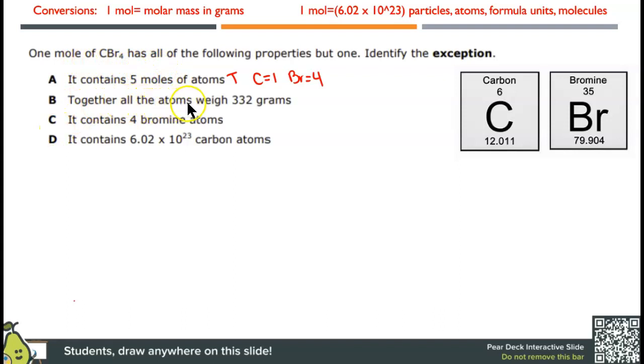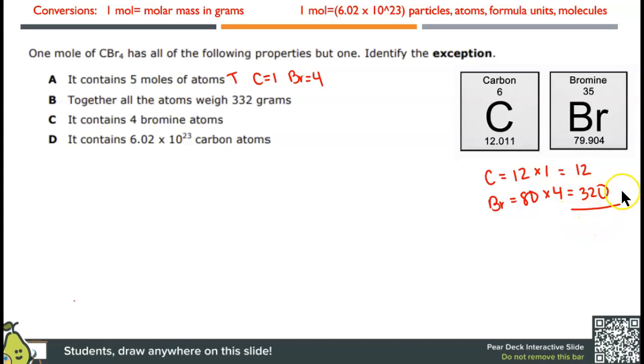Next, together, all the atoms weigh 332 grams. Well, carbon has a mass of 12. Bromine has a mass of around 80. But there's a total of 4 bromines. There's only 1 carbon, and there's 4 bromines. So 12, and then 80 times 4 is 320.